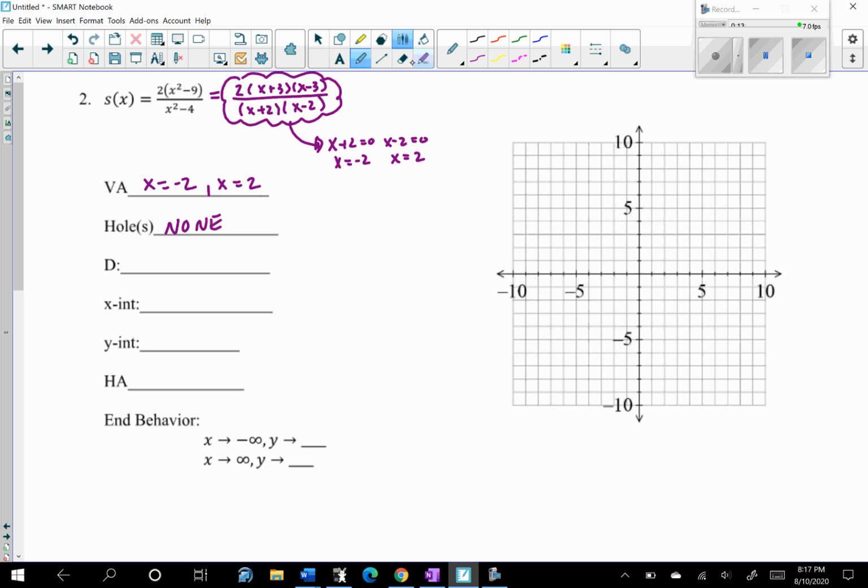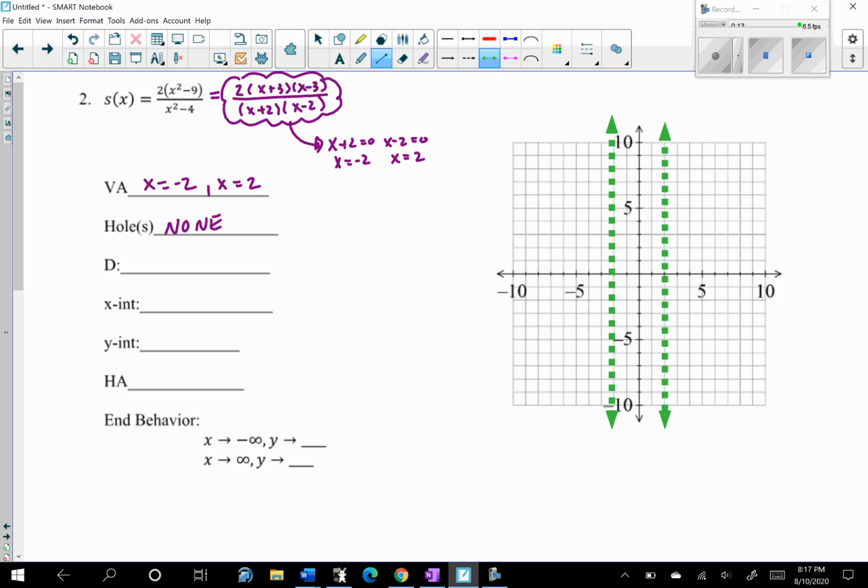So my graph, we're going to go ahead and graph our asymptotes. So we have x equals 2 and -2. Make sure you're using rulers for your graphs at home. And then let's go ahead and look at the horizontal asymptote. So we need to look at the degree in standard form. So this is not technically standard form because we have to distribute that 2.